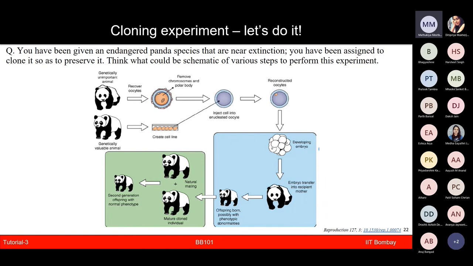We remove the nucleus of the one we don't want and inject the nucleus of the one we want. Then it is transferred into the womb, and we can have the species that we want. So that's how it works.